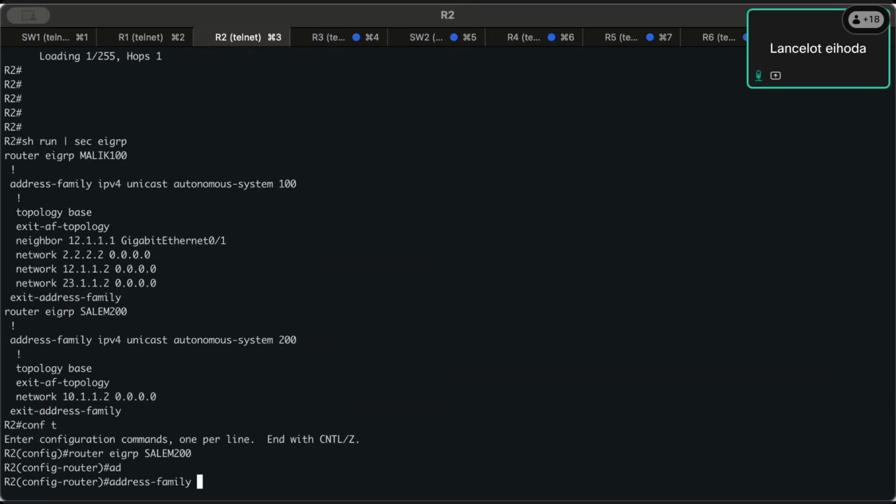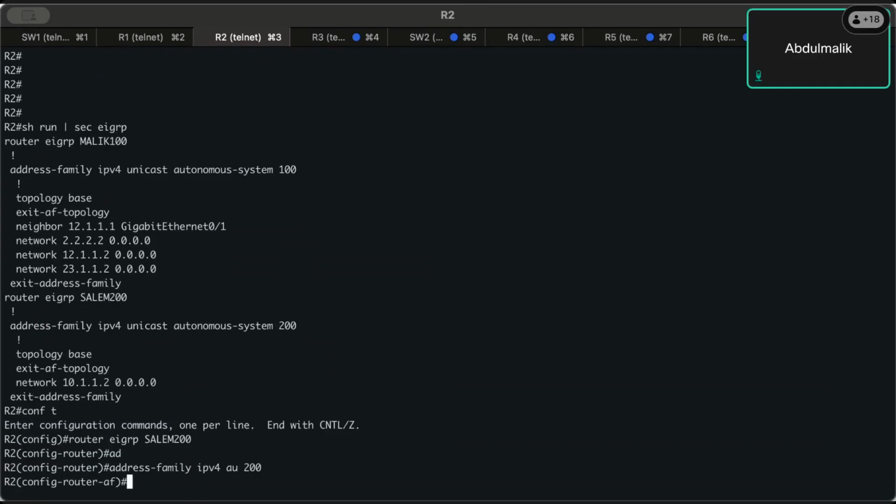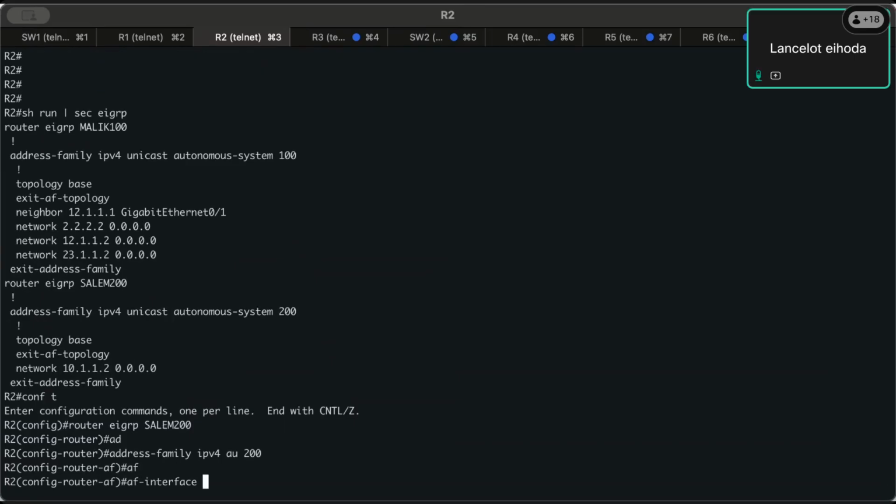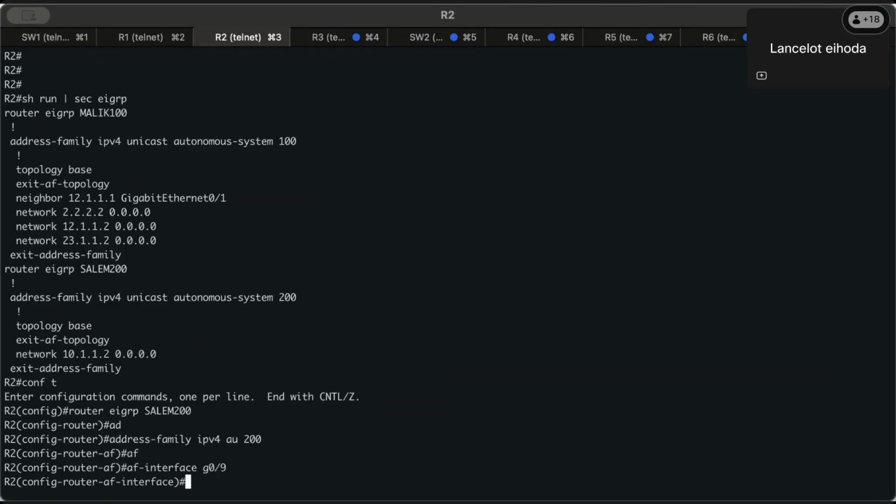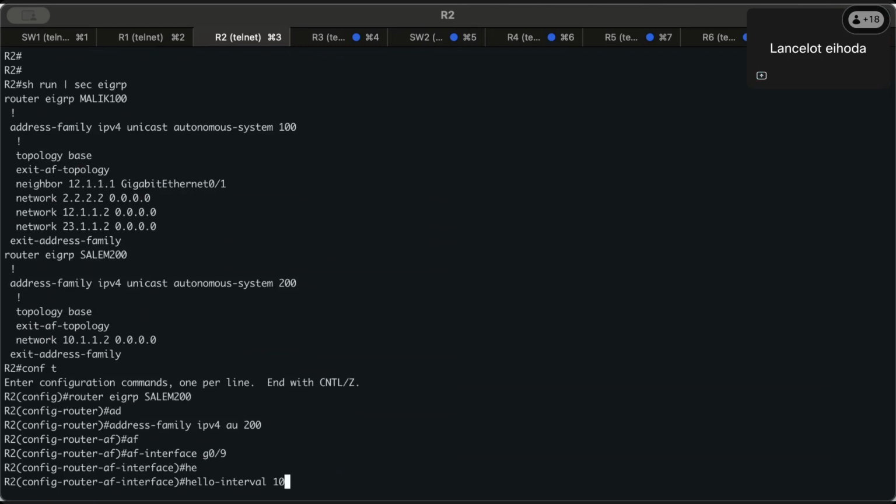Address family IPv4, 200, yes? Autonomous system, yes. AF interface G 0/9. Hello interval, interval 10.